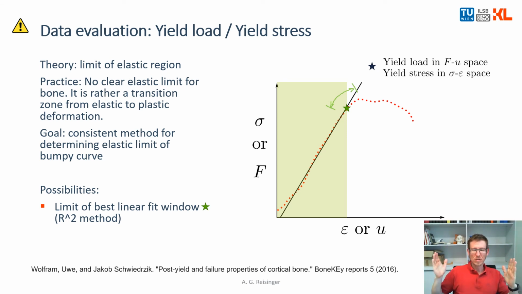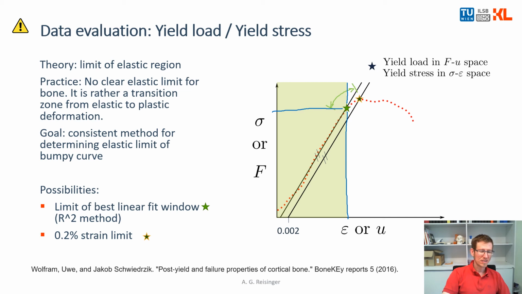Remember back, we were determining the slope of the linear part by this optimization method where we increased our data window, and at the point where we have the best fit, we have a certain data window size and the right border here is the elastic limit, and the stress here is our yield stress, or the force here is our yield load. That's the first possibility.